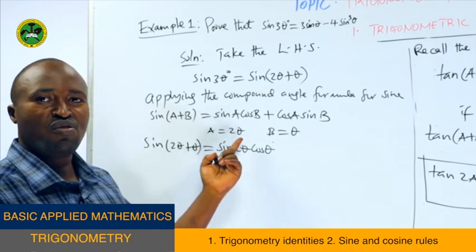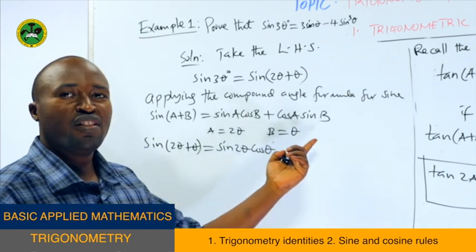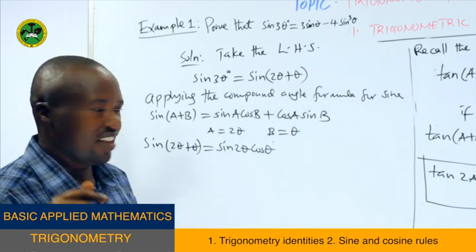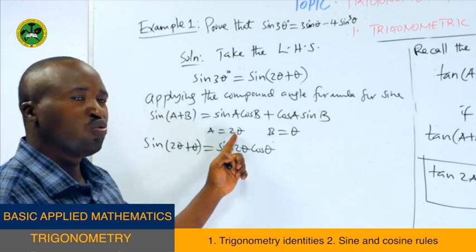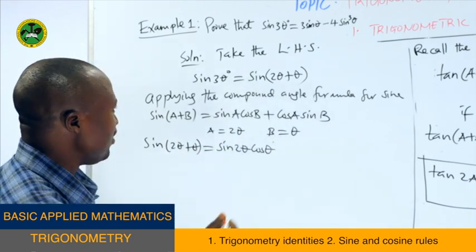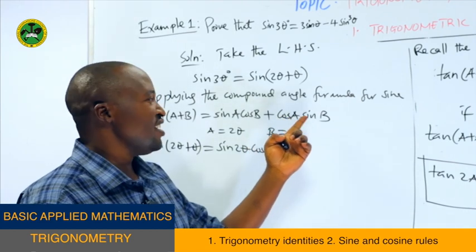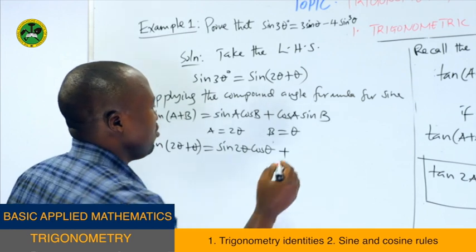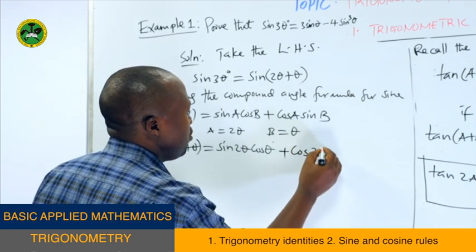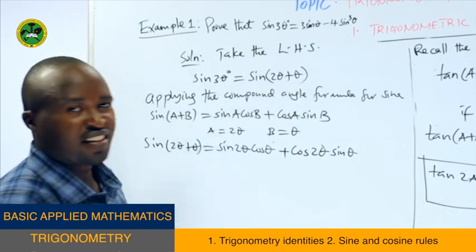Because A is equal to 2 theta and B is equal to theta. That is plus cos A sine B. So we have cos 2 theta sine theta.